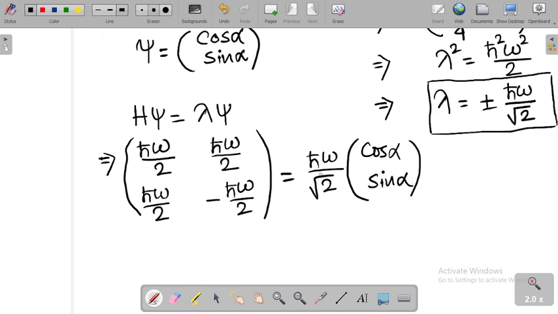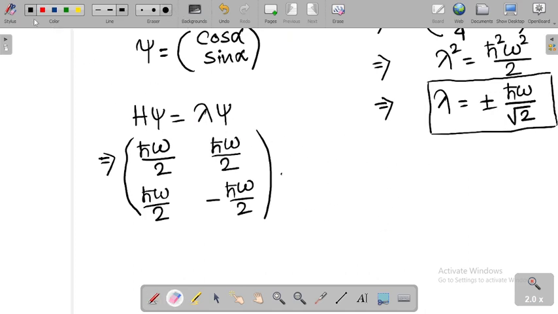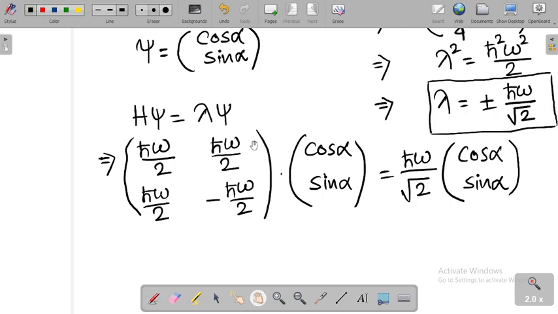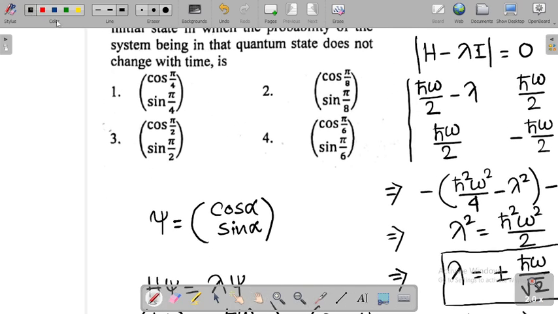Let us solve this, with psi given by cosine alpha and sine alpha on both sides. Why are we selecting cosine alpha and sine alpha? Just checking out the options, every time it is given as cosine alpha and sine alpha.